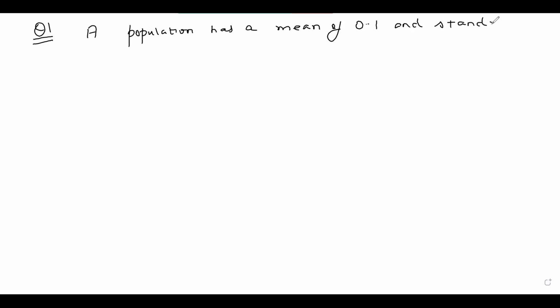So let me write the first numerical for all students. This is question number 1. A population has a mean of 0.1 and standard deviation of 2.1.